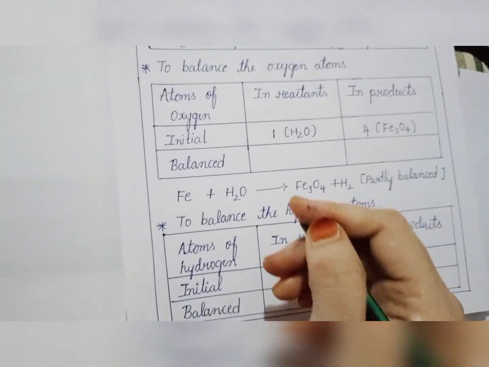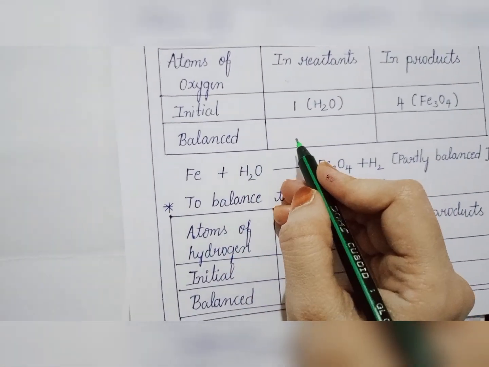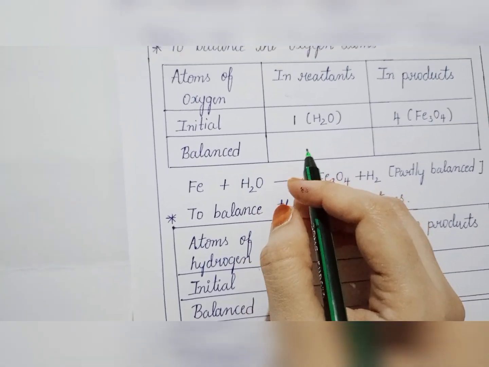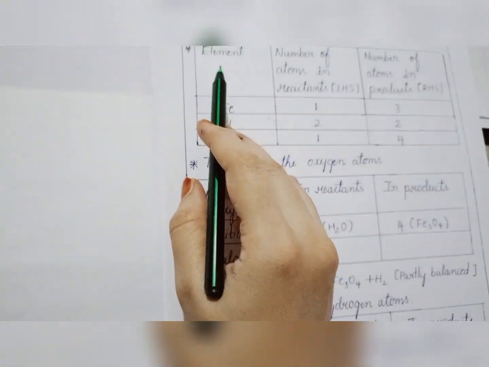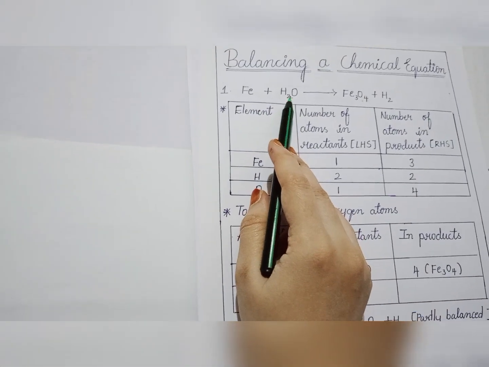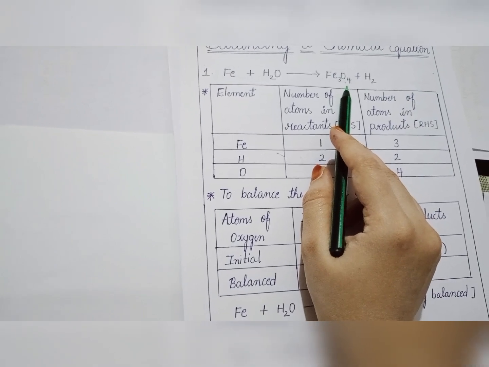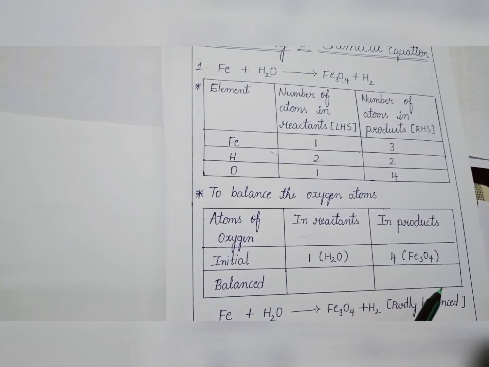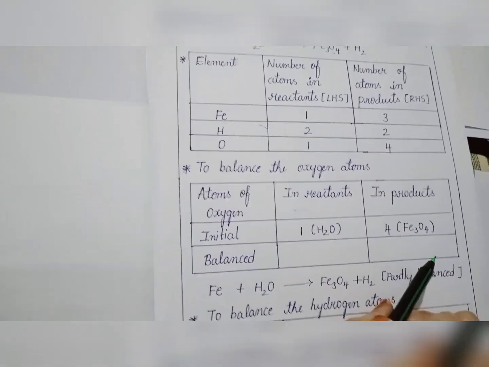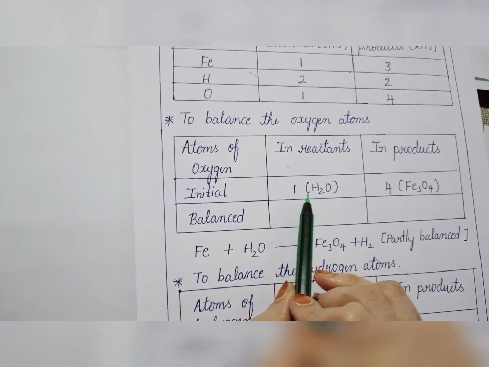Then we have to balance the oxygen atoms. Initially in the reactants, one oxygen atom is present. In the product side, 4 oxygen atoms are present. So in the product side the number of oxygen atoms is more, and in the reactant side it is less.